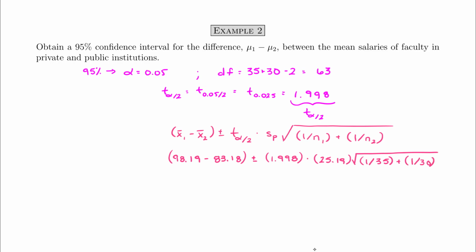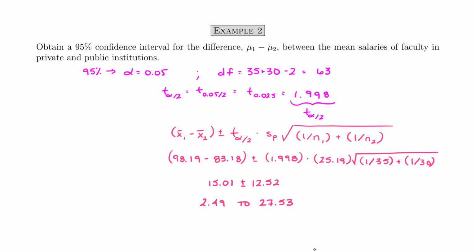Type this in, what we end up with is 15.01 plus or minus 12.52. And when we do the addition and subtraction, we generate a confidence interval of 2.49 to 27.53.